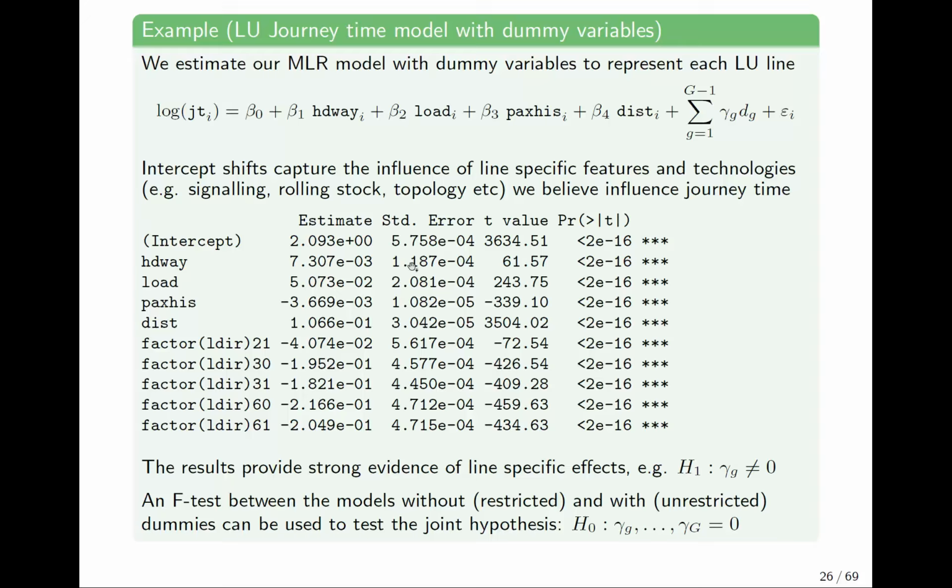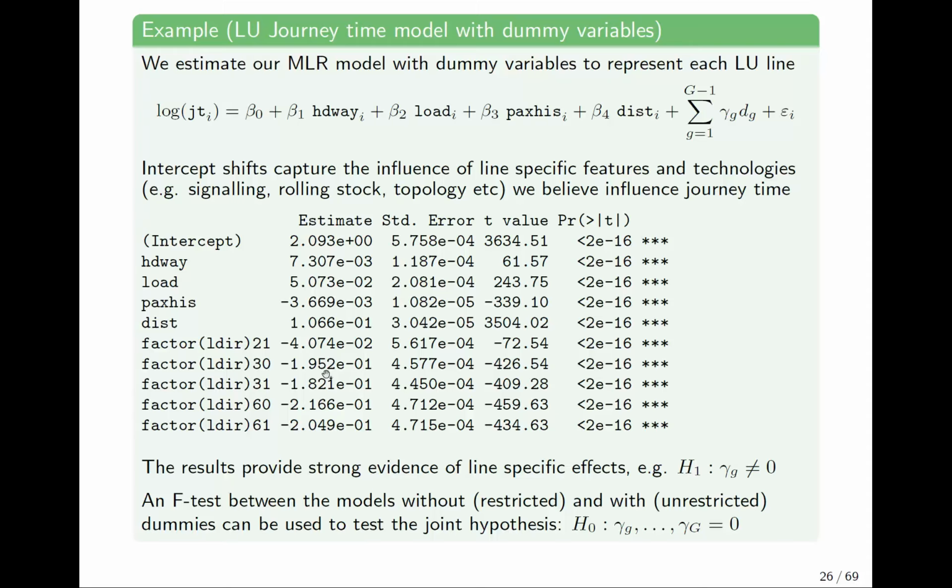And looking at the results, this is the results on the dummy variables here. What we can see is that the line dummy variables all have large t statistics and very small p-values. So this gives us strong evidence that there are in fact line-specific effects. For example, the coefficient of about -2 on one of the lines says that the journey times on that line are around 20% lower, other things equal, than on the reference line, which is the line that we've omitted.